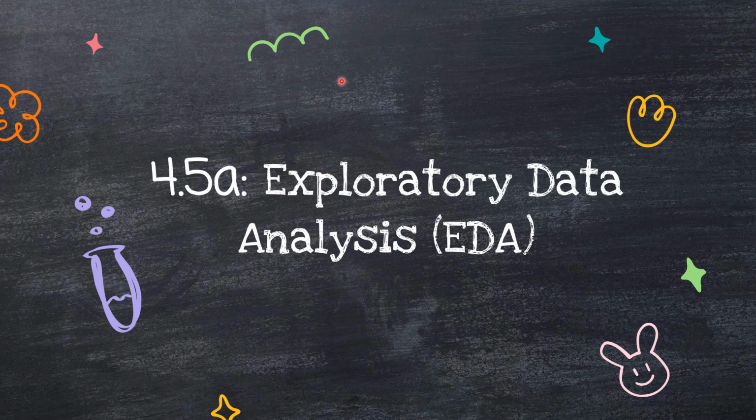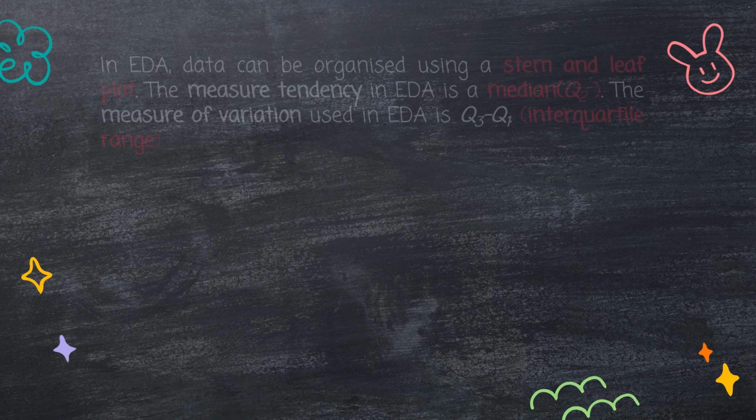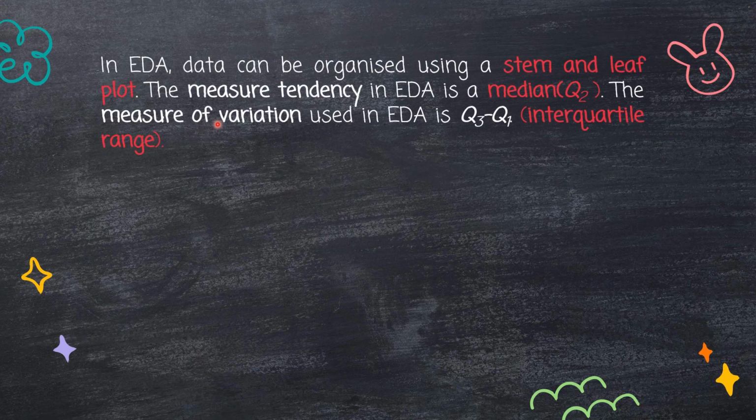In this topic, we are going to discuss 4.5a Exploratory Data Analysis, or EDA. In EDA, data can be organized using a stem and leaf plot. The measure of central tendency in EDA is the median, or second quartile, which we can denote with the symbol Q2.